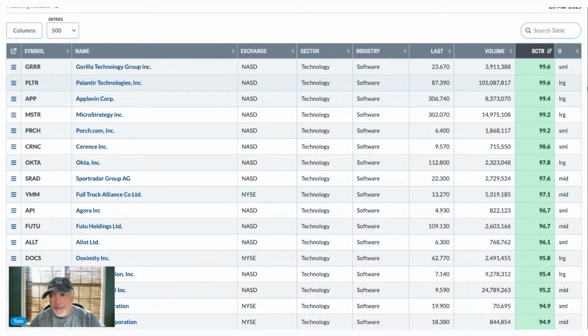So like Palantir, which is a large cap stock, it's comparing Palantir to all large cap stocks. Not all software stocks, not all large cap software stocks, but all large cap stocks in all industry groups. To be ranked at 99.6 still indicates that Palantir has made a really big run to the upside over these last 5 or 6 months, even despite some of the selling we've seen recently.